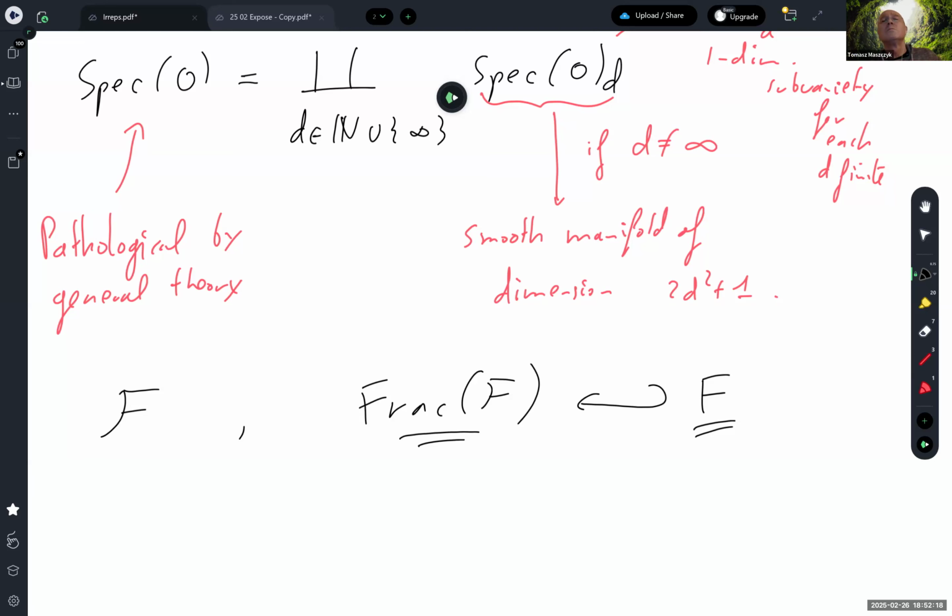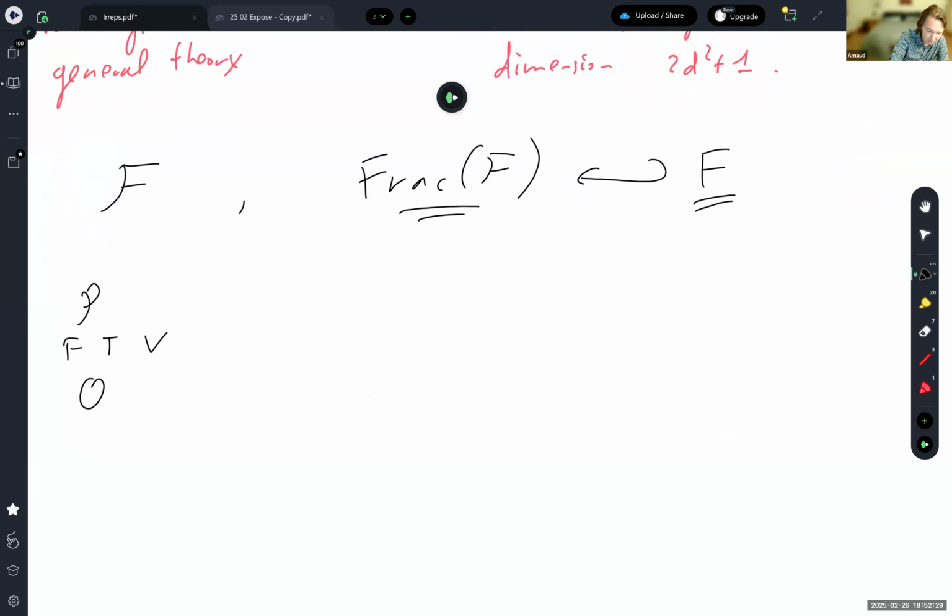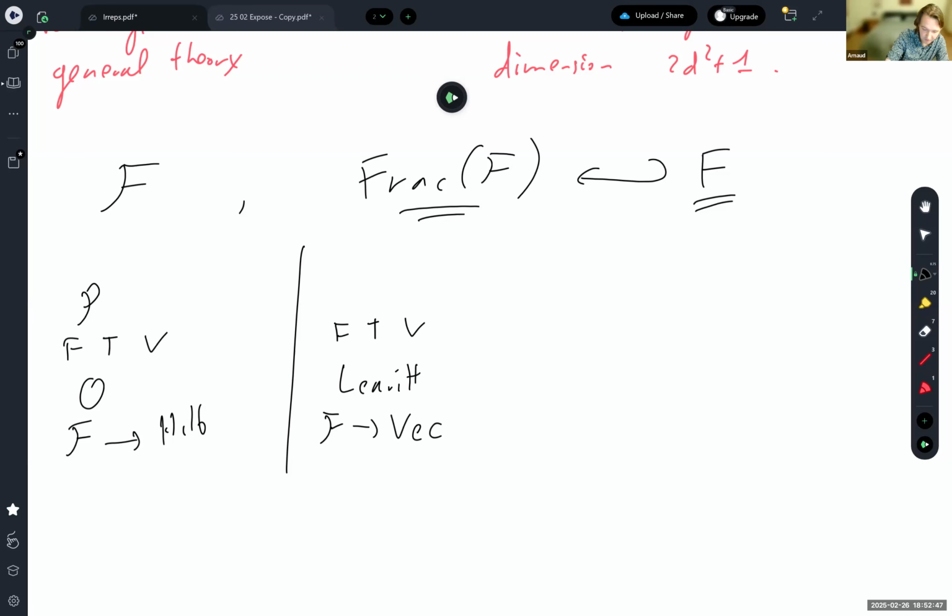And now what replaces P? The picture will be that we had P, we had F, T, V, we had O, we had a functor from this to Hilb. You could redo everything. When you go to Vec, O will be the Leavitt algebra. You still get the same group, but P will be even better, the free algebra.